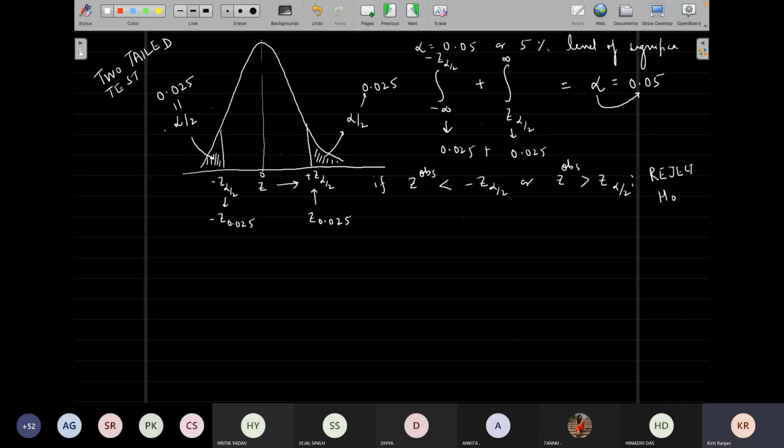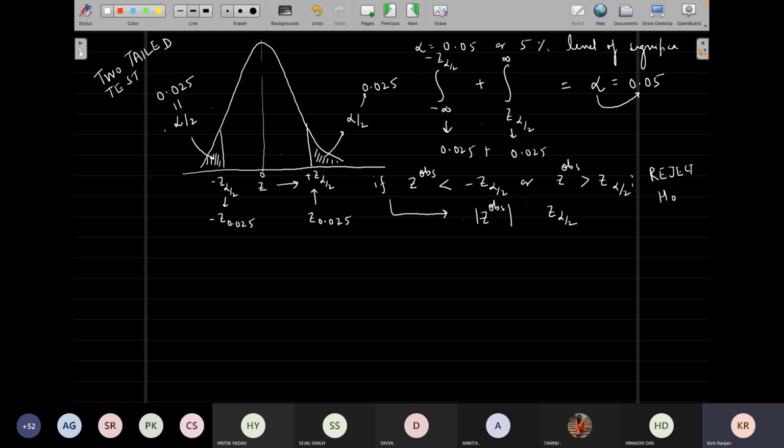This can be written, if you can think of, then I can also write down this mod z. Can you just tell me what will be the sign? I can write down the same thing in a simple way. Less than or greater than?